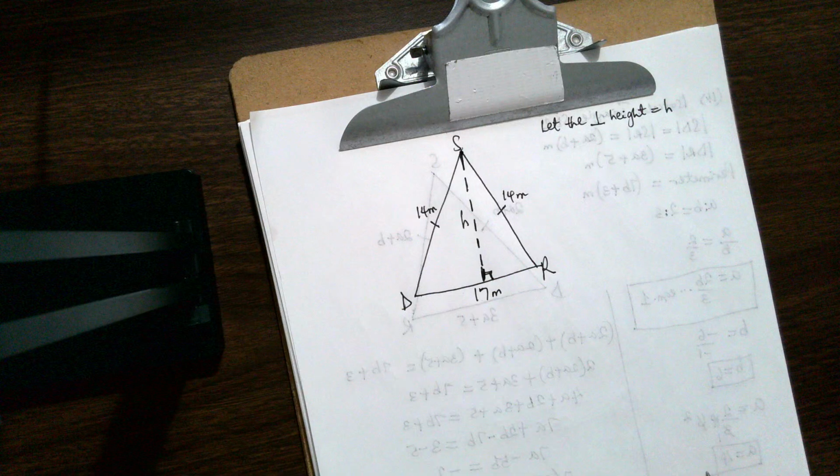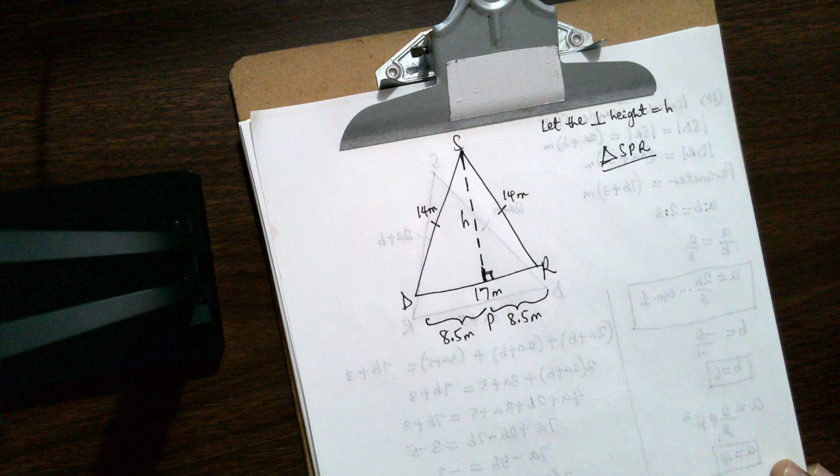These are the legs. The height is a leg, the perpendicular height. Half of the base is a leg, and then this is the hypotenuse.